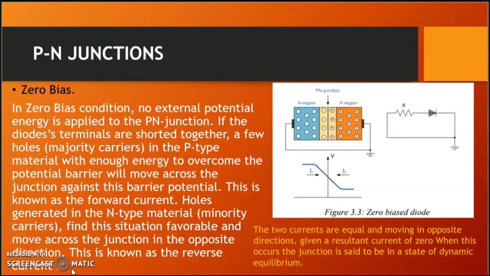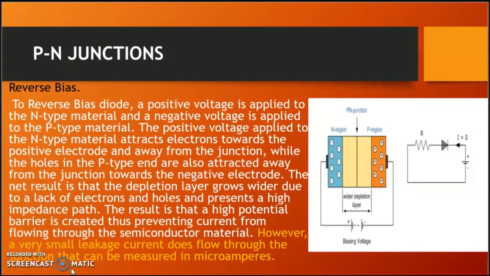They move in the opposite direction, and because these two currents are equal and opposite, the resultant current will be zero, and this will cause the junction to be in a state of dynamic equilibrium. So for zero biasing, we do not apply any external potential. We just short circuit these two terminals together to get a state of dynamic equilibrium among them.